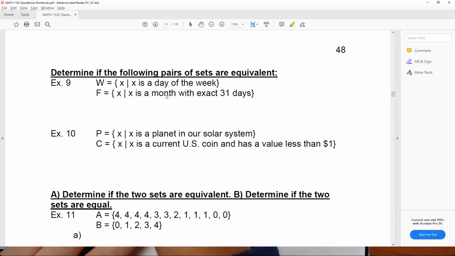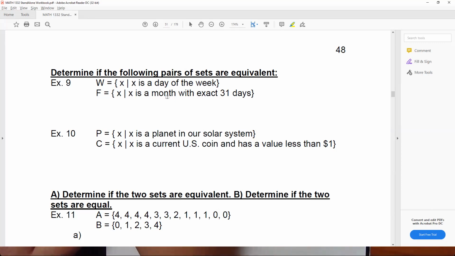So let's write it down. Example 9. W, X such that X is a day of the week. Then F, writing the exact same thing down real quick, is a month with 31 days.